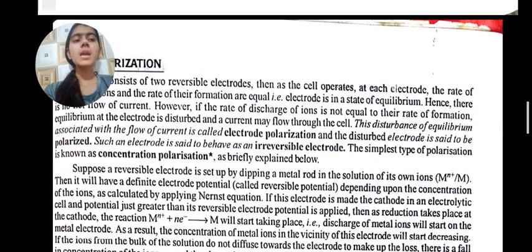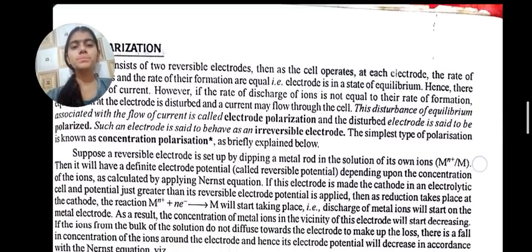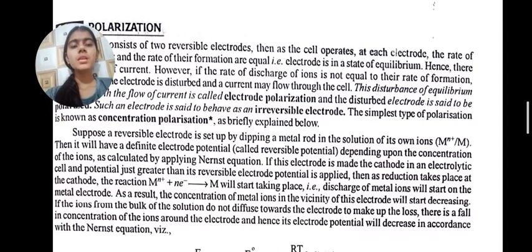The simplest type of polarization is known as concentration polarization, as briefly explained below. Suppose a reversible electrode is set up by dipping a metal rod in the solution of its own ions. Then it will have a definite electrode potential depending upon the concentration of the ions, as calculated by applying Nernst's equation.